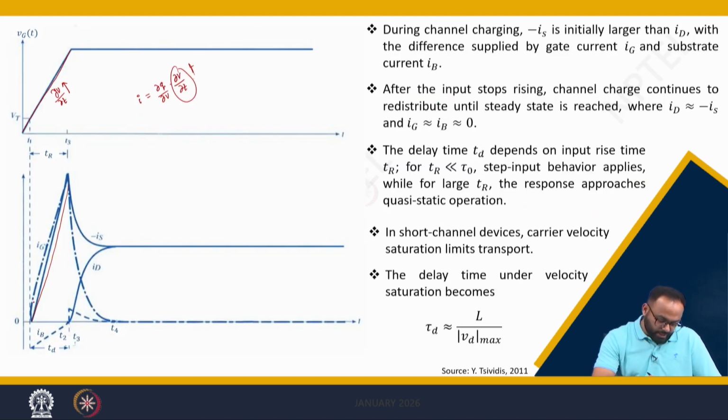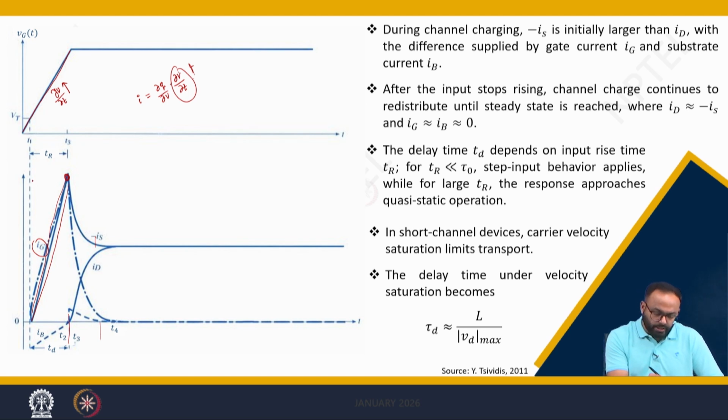However, the difference is the gate current is not getting enough time to settle down, and the value of peak gate current and source current are equal, and this period, which is the delay time, is approximately equal to the time where steady state is reached, right? So you can get the higher current in response to the high frequency signal.